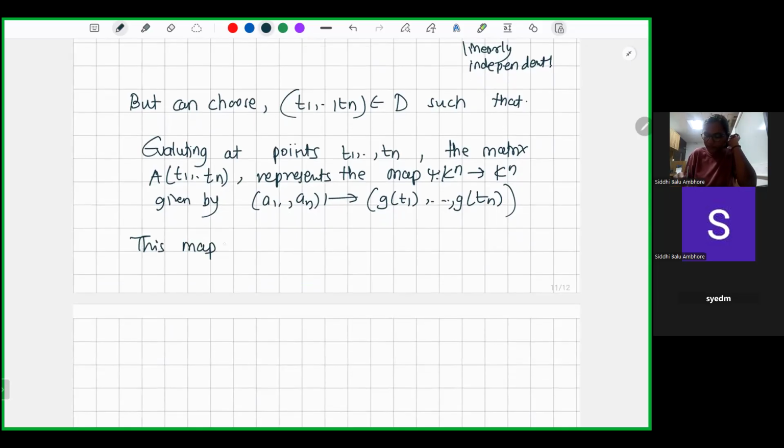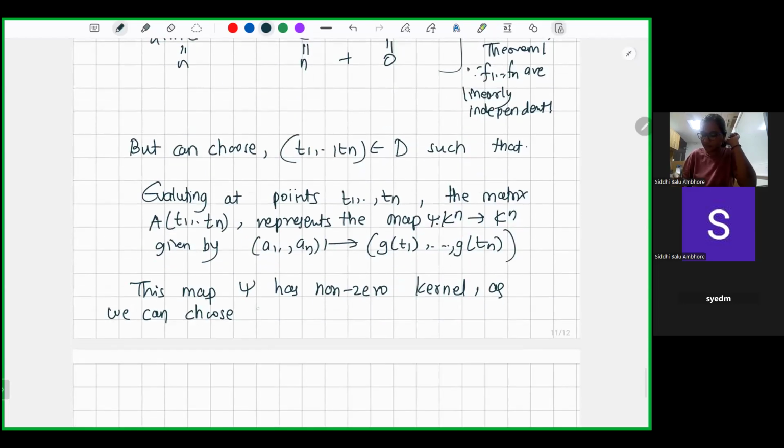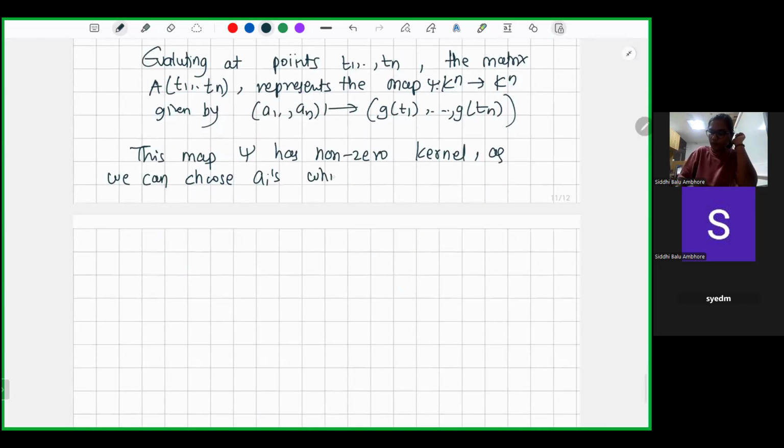This map psi has non-zero kernel due to the choice, as we can choose, if I call this star, AIs which can give G of Ti to be 0 for all I from 1 to n, as we did for star, right?